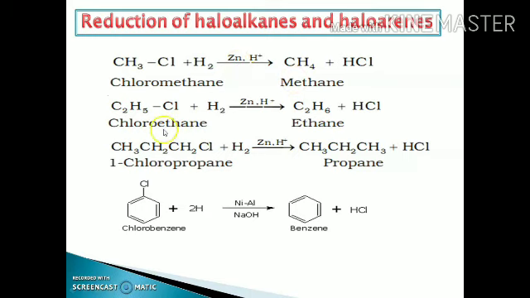Similarly, chloroethane gives ethane as a major product, and 1-chloropropane gives propane as a major product on reduction. Similarly, chlorobenzene on reduction in the presence of nickel aluminum alloy gives benzene as a major product.